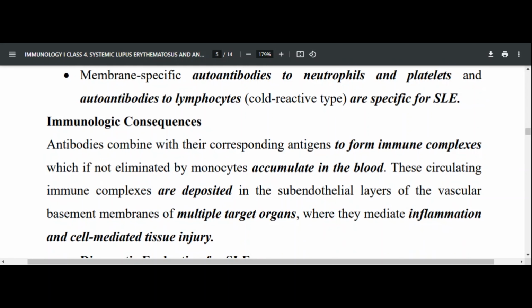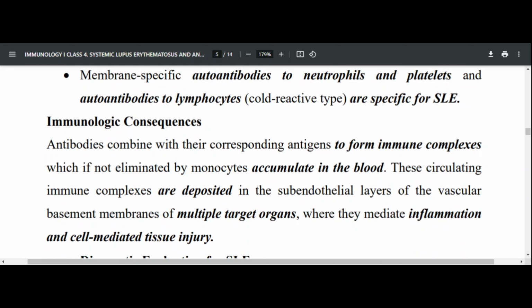Those immune complexes, when they are circulating, will be deposited everywhere in the subendothelial layers of the vascular basement membrane, under the endothelial cells, because you remember that the endothelial cell is just a simple layer of cells that lines the lumen of the blood vessels. So the subendothelial layers are actually affected. That's what you call the basement membrane of the endothelial system.